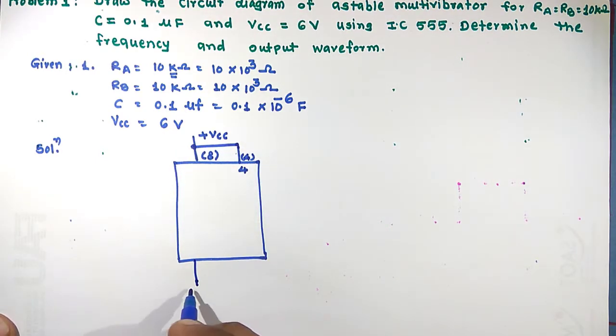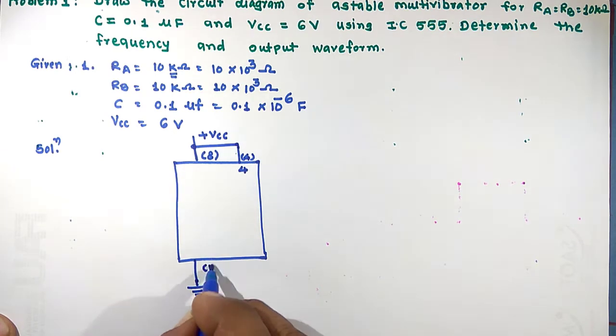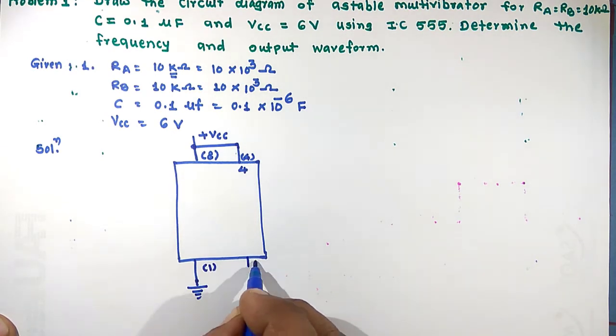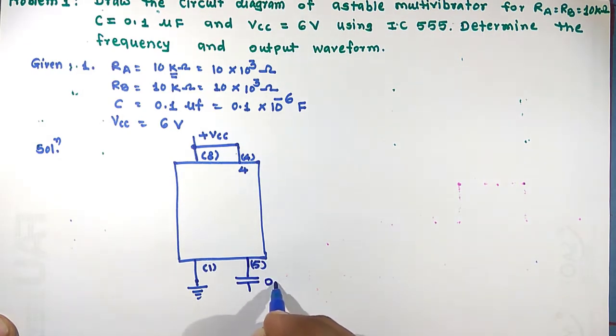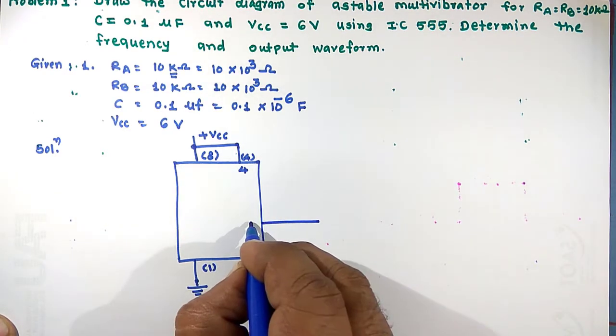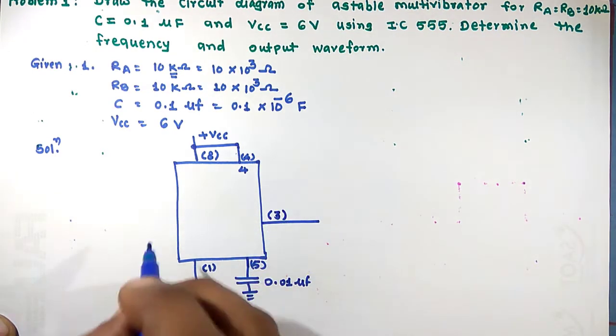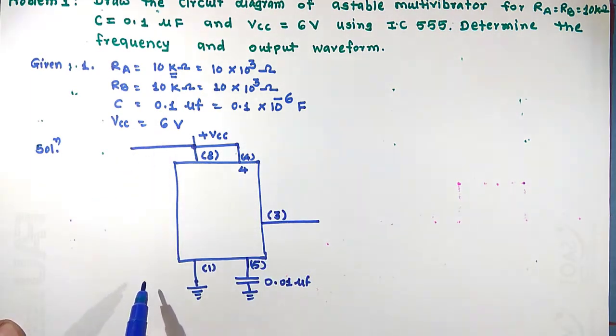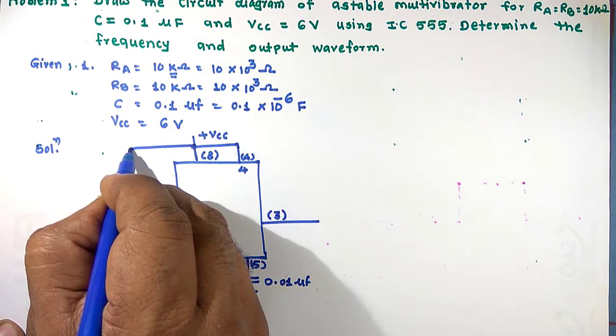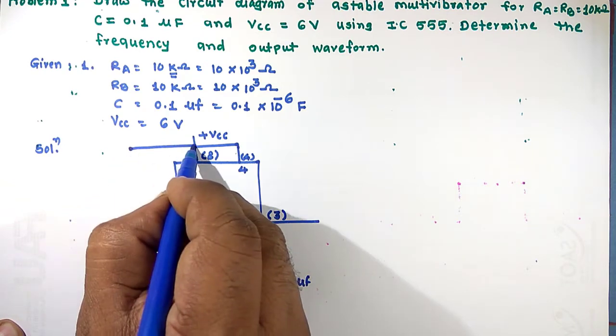Ground is given to pin number 1 of IC and pin number 5 is connected to ground through a capacitor of capacitance 0.01 microfarad. Output is taken at pin number 3 and these two resistors and capacitor are connected in this manner.